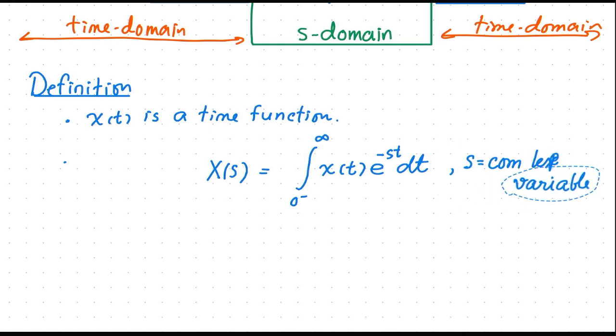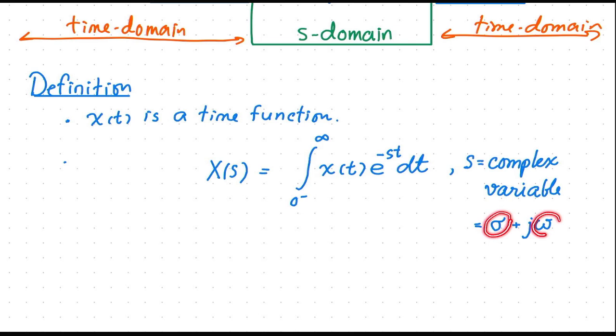So I can write s in two parts, right? s is equal to sigma plus j omega, where sigma is the real part of s and omega is the imaginary part of s.